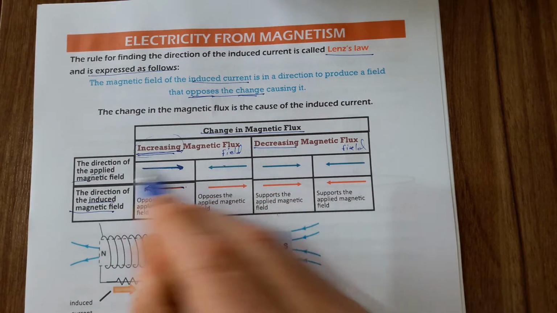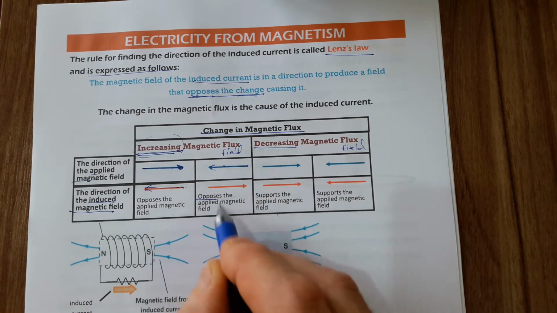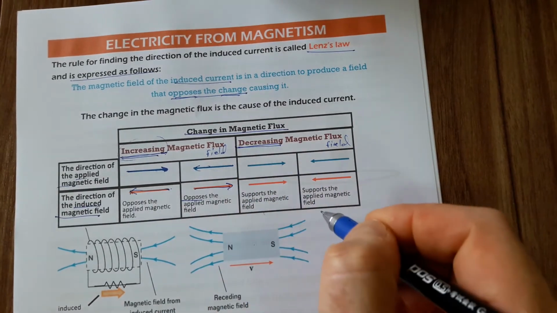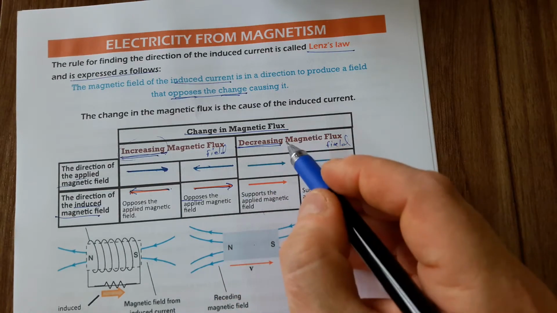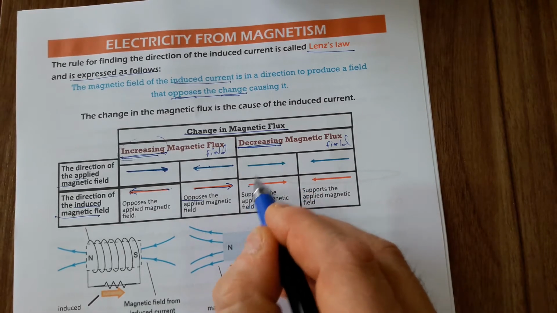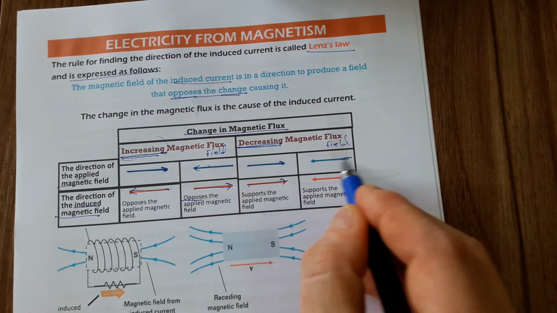Assume that the applied magnetic field is from right to left, induced magnetic field opposes the applied magnetic field from left to right. But in the case of decreasing magnetic field, if the change is decreased, in this case, induced magnetic field will support the applied magnetic field. They will be in the same direction.